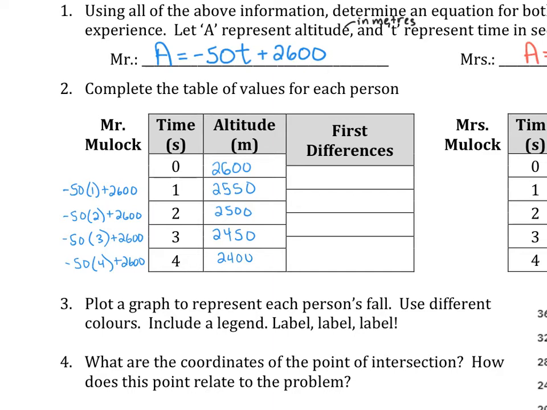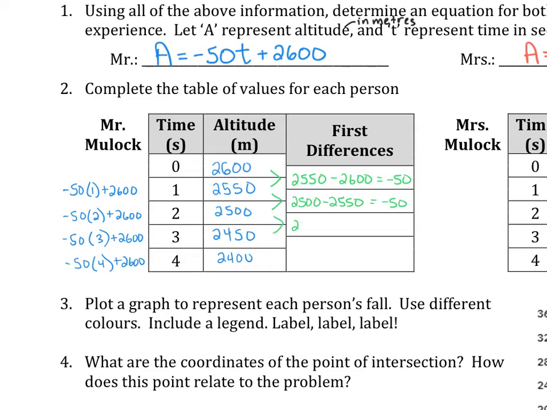So to calculate the first differences, you want to remember that you have to take the second one and subtract the first one. So it's 2,550 minus 2,600, which is negative 50. And then the third one minus the second one, 2,500 minus 2,550, that's equal to negative 50.